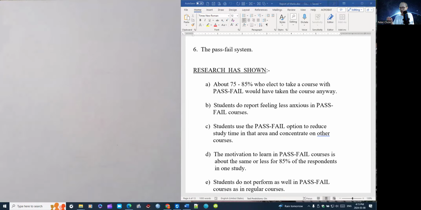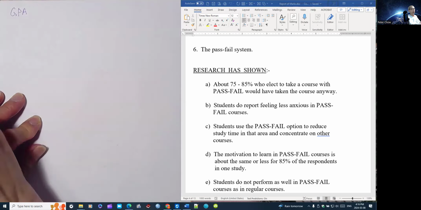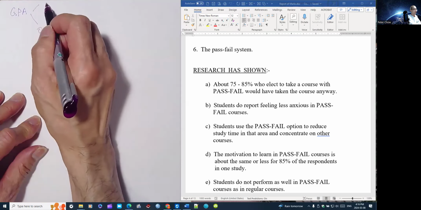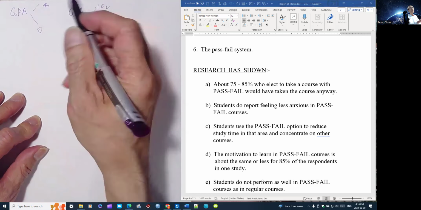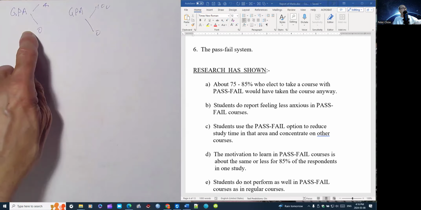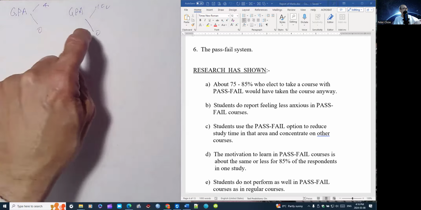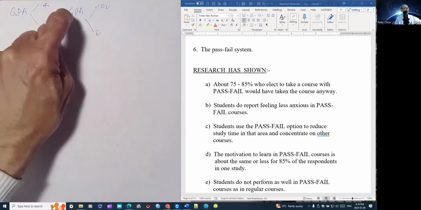In calculating grade point average, say GPA, sometimes it's from 0 to 4. But now, of course, you also have 0 to 100, depending on which school. All right, so it encourages students to take courses they would otherwise not take because all these pass-fail courses won't get into the calculation of grade point average.